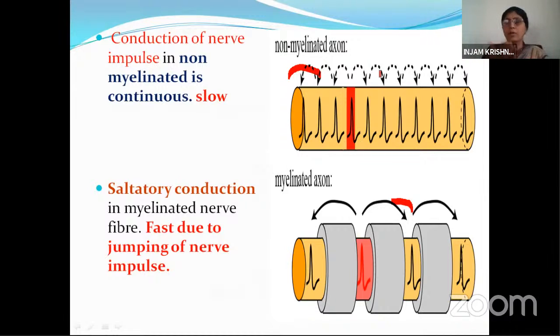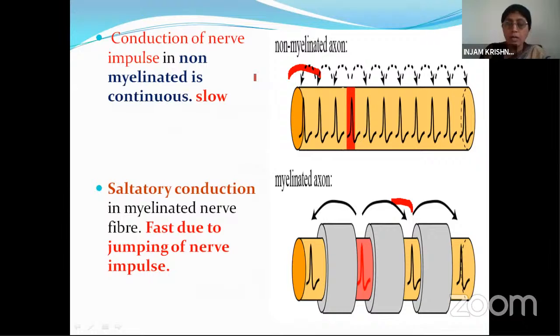You can imagine that if you walk, you reach your destination in, for example, 10 minutes. If you jump, you may reach within 7 minutes. In the same manner, the rate of conduction of nerve impulse is higher in myelinated axons and lower in non-myelinated axons.